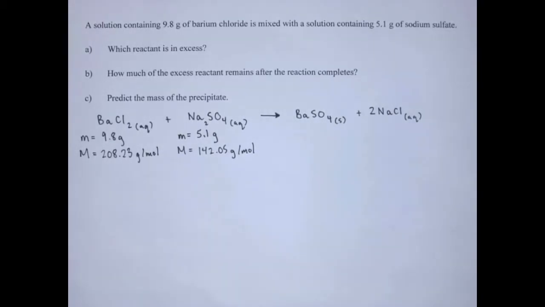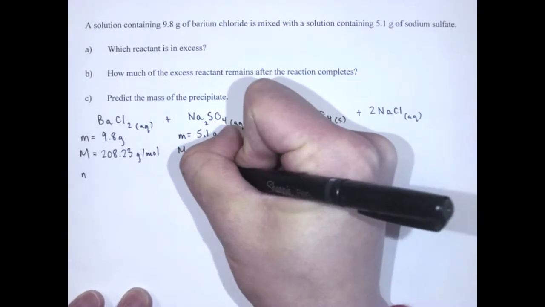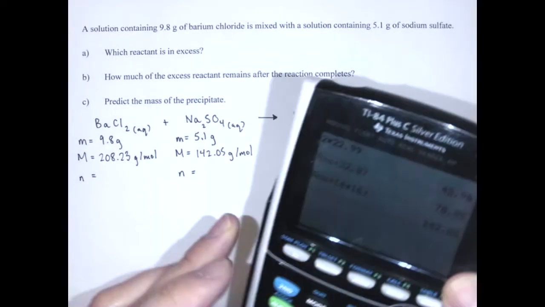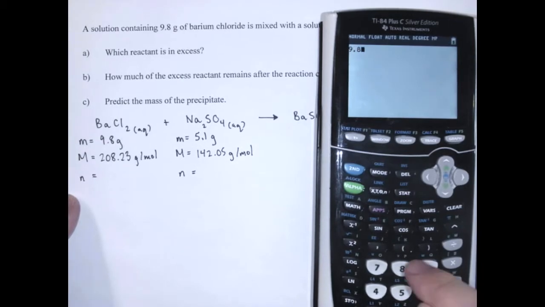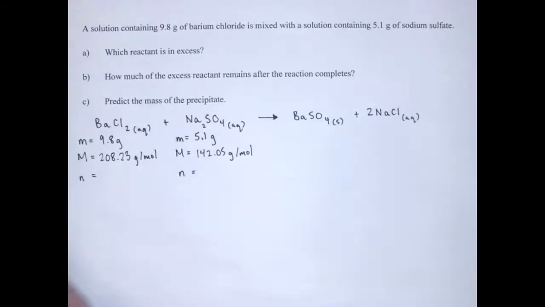All right, so if we were to find the moles of each, you should be well versed in how to do this. We take our mass and we divide it by the molar mass to figure out our moles. So for barium chloride, we do 9.8 divided by 208.23, and we get a number of moles of 0.047.